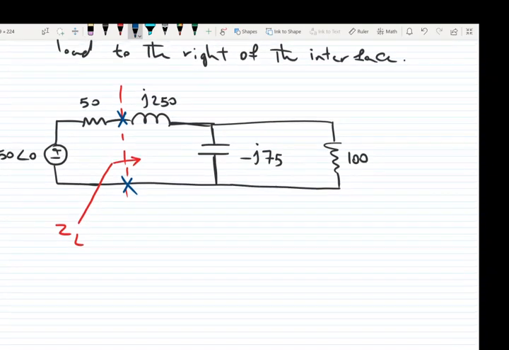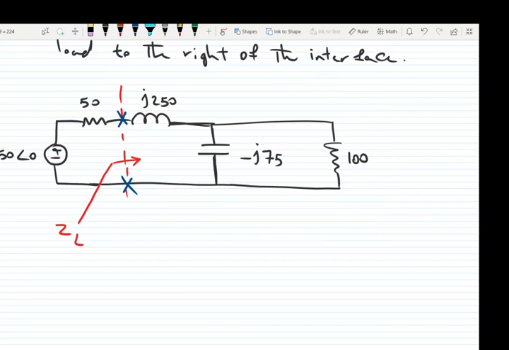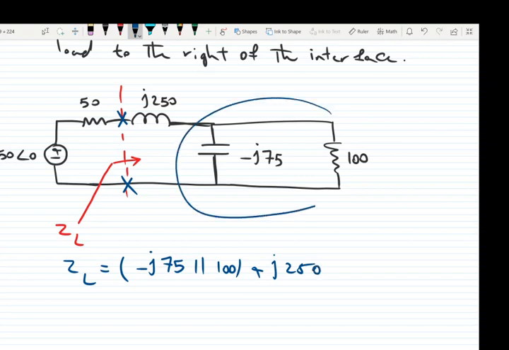So let's find the total impedance as a load. We can say ZL is equal to negative J75 parallel with 100 and series with J250. These two are in parallel, and the equivalent value is in series with J250.